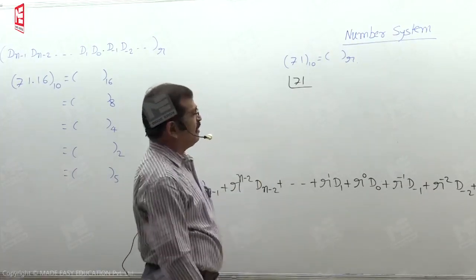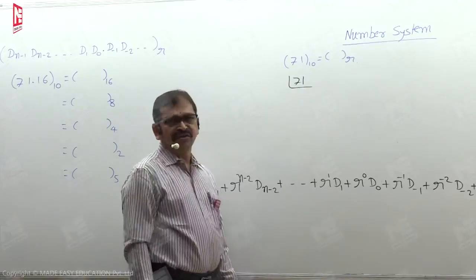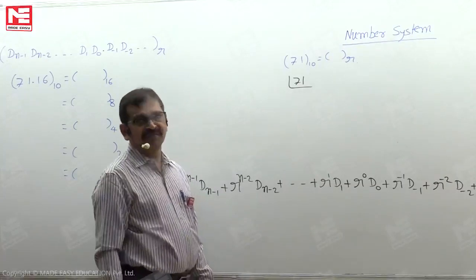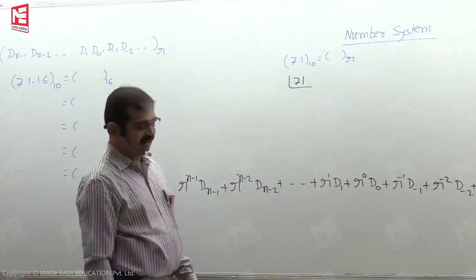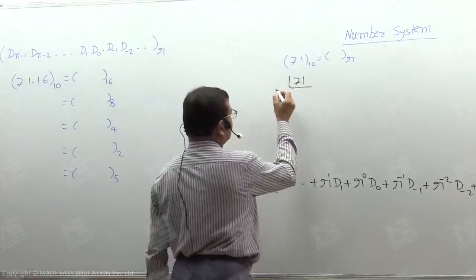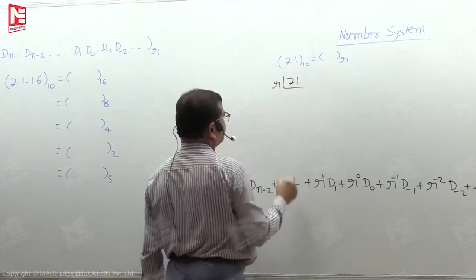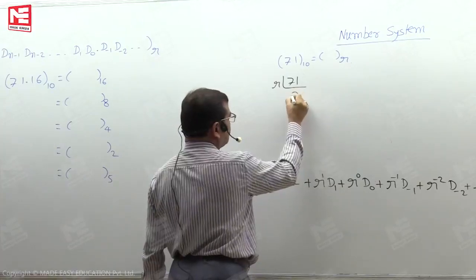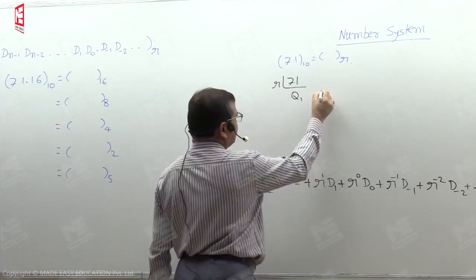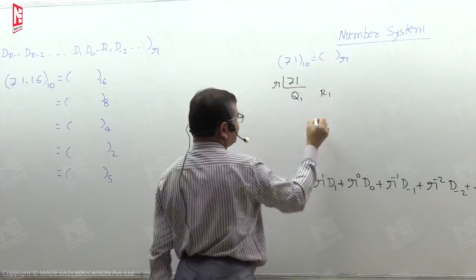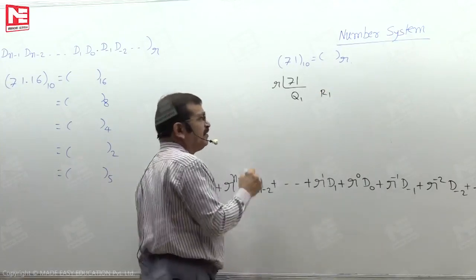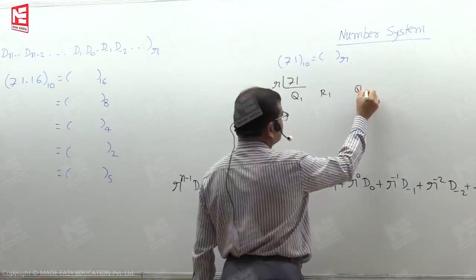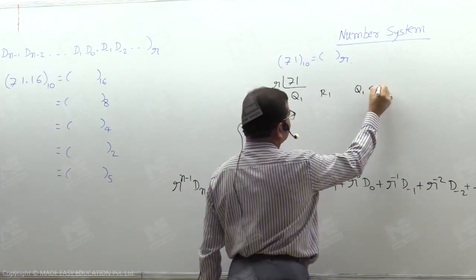So for this integer part of the number, to read its equivalent radix r number, the work is that the given number is divided by the base, the radix. So we have the first division. With this, we get some quotient value and some remainder. Later we check whether this quotient is less than the radix value.